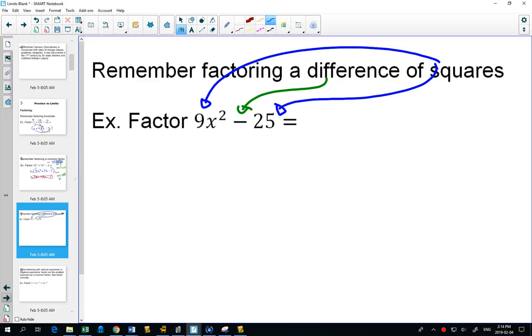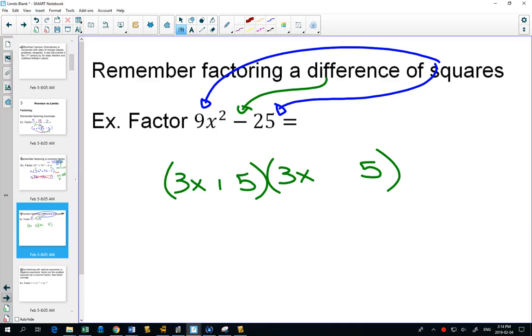And so when factoring a difference of squares, the first ones are 3x and 3x. The last ones are 5 and 5. One is positive, one is negative, because your outside and your inside cancel out.